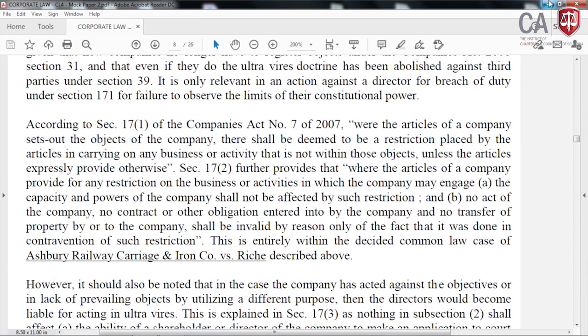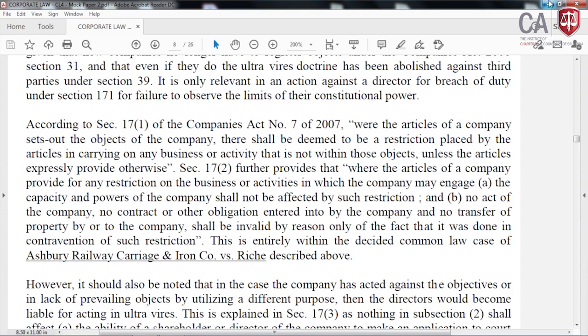Now, according to section 17(1) of our Companies Act number 7 of 2007, where the articles of a company set out the objects of the company, there shall be deemed to be a restriction placed by the articles on carrying on any business or activity that is not within those objects, unless the articles expressly provide otherwise.